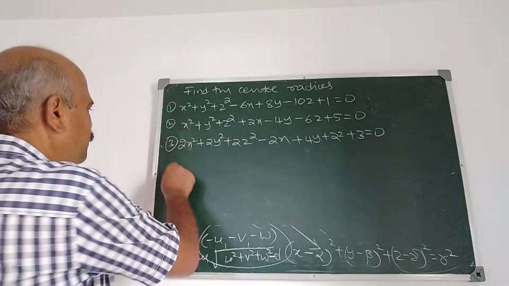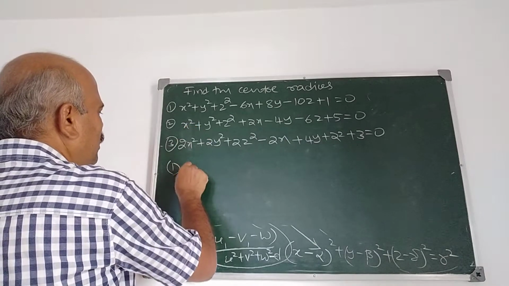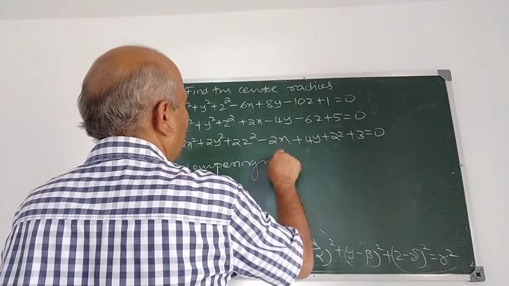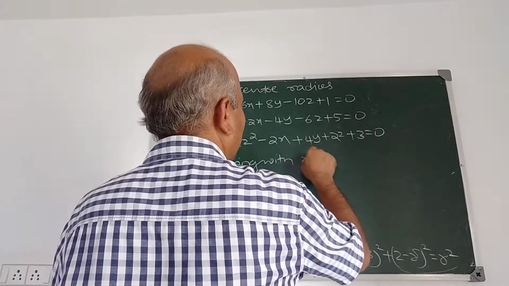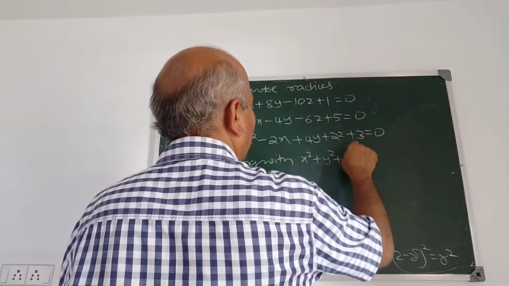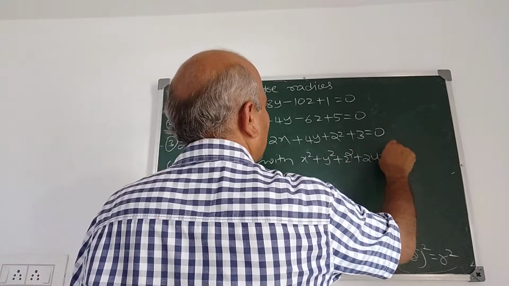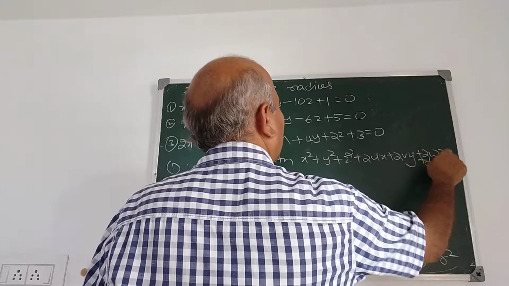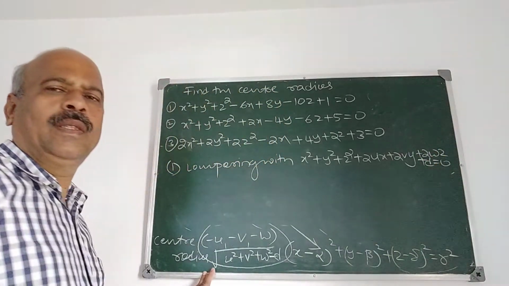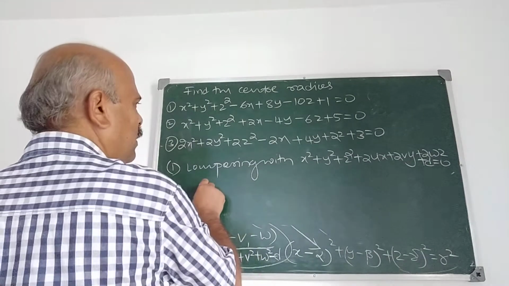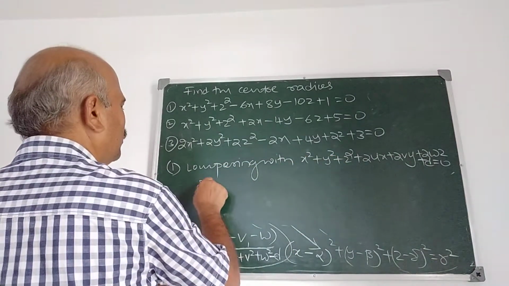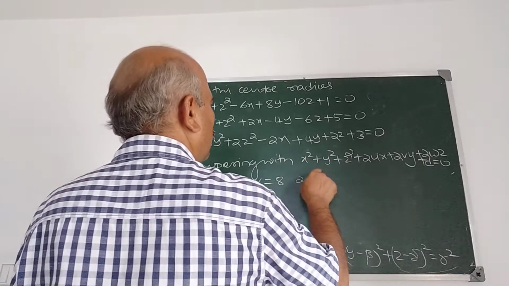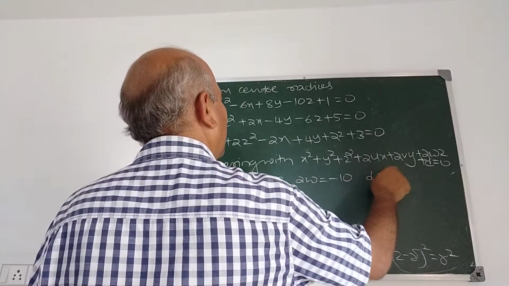So in the first one, comparing the given equation with x square plus y square plus z square plus 2ux plus 2vy plus 2wz plus d is equal to 0, what do you get? 2u is equal to minus 6, 2v is equal to 8, 2w is minus 10, d is equal to 1.